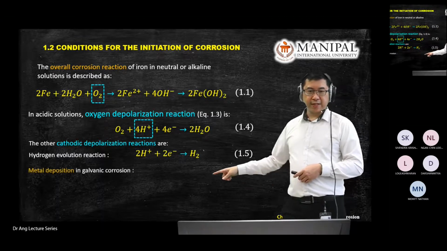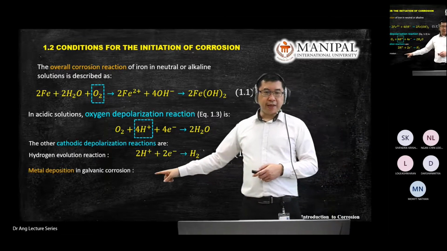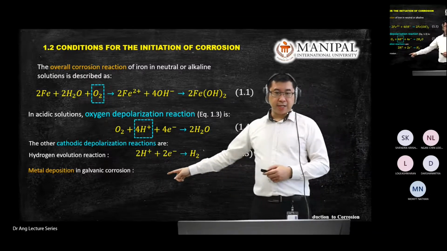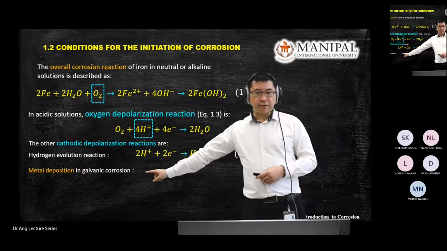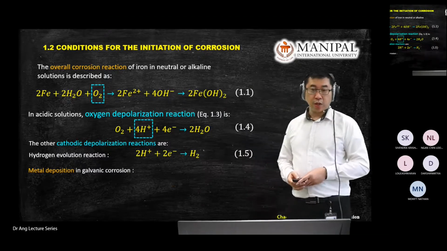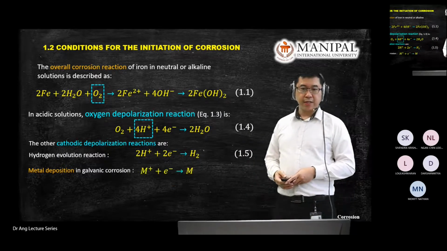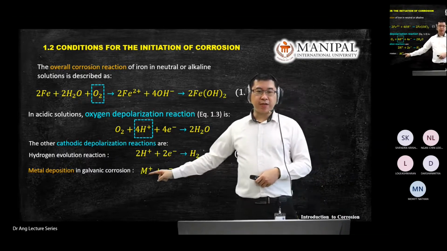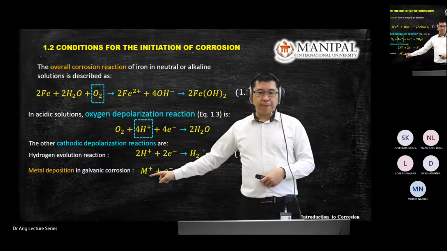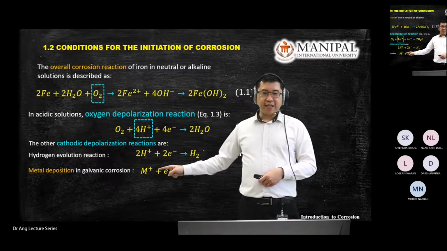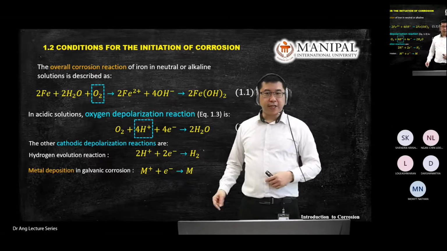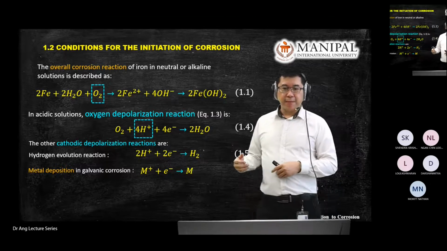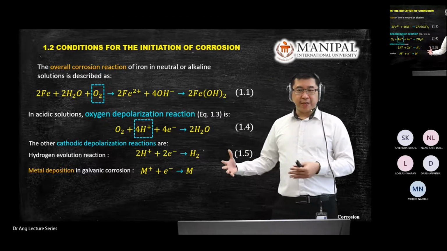Another one is metal deposition. This one is galvanic corrosion, which is one type of corrosion that we will look into later. M means metal, so you can replace this with iron, copper. If you look at the periodic table, sorry, we don't have that on the screen here, but you should know what the periodic table is.